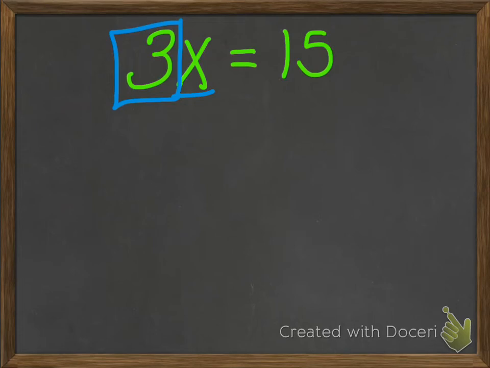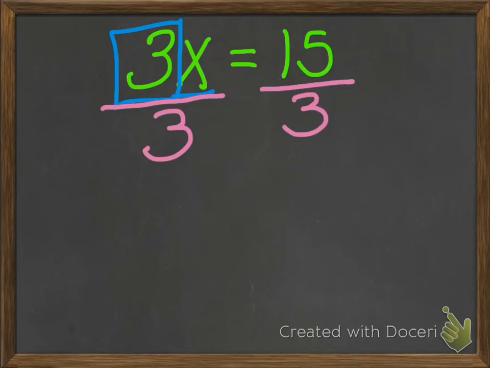Think of what operation 3 is performing. 3 is multiplying with the x, correct? When they're next to each other, it means they're multiplying. There's nothing in between them. So 3 times x. Instead of multiplying by 3, I want to do the opposite to get rid of it. So I'm going to divide by 3. And whatever I do on one side, I do on the other.